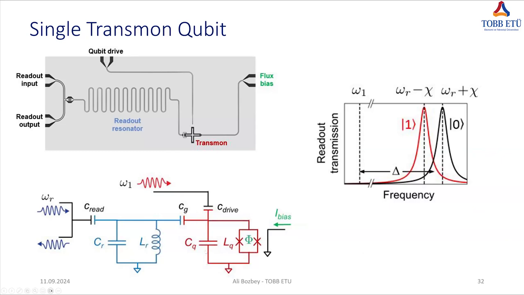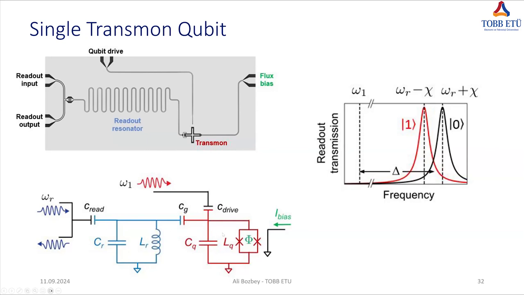So this is the qubit here. You have a resonator. And then you apply some RF pulse here. And through the resonator, it's transferred to the qubit. There is a capacitor here. The resonator is capacitively coupled to the qubit.